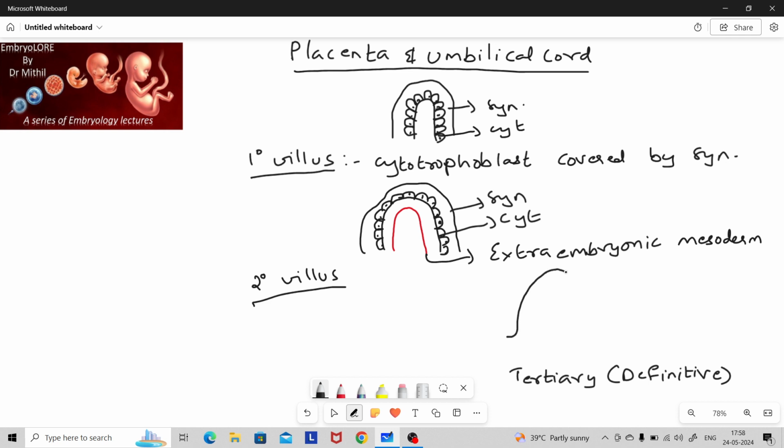Now we will be coming from above. This is the syncytiotrophoblast, and over it we will have the cytotrophoblast. When I say cytotrophoblast, that should be drawn as cells.